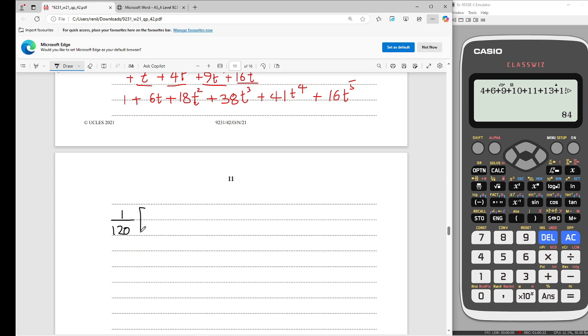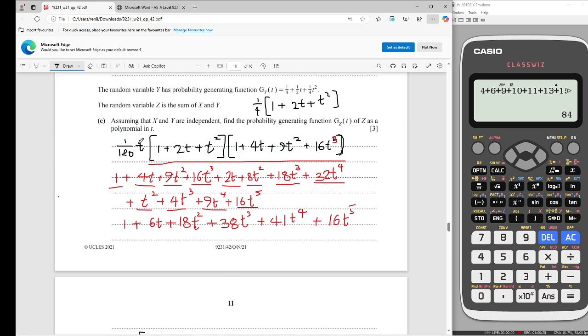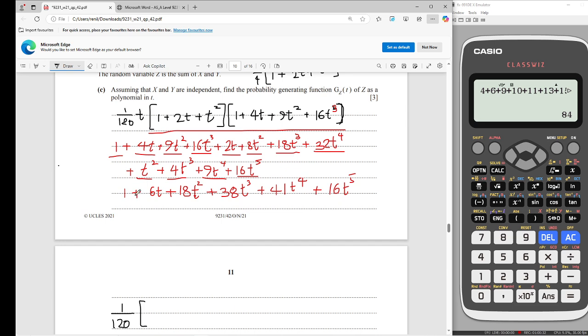We're just multiplying t inside all of this, because we factorize 1 by 120t. So we're going to just multiply the t inside, and we're going to keep 1 by 120 out.